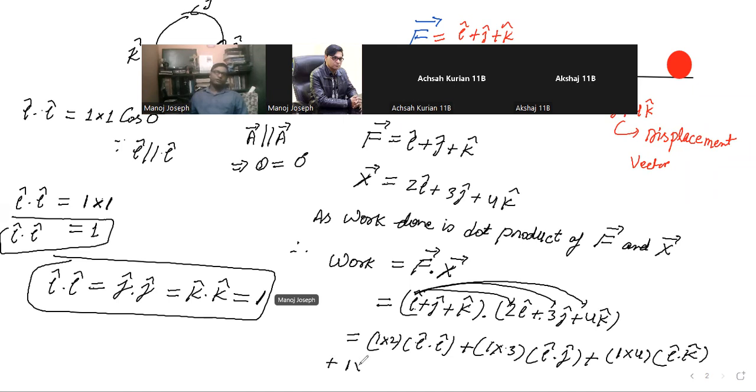So it will be 1 into 2, J dot I cap, plus 1 into 3, J dot J cap, plus J to K, 1 into 4, J dot K cap.